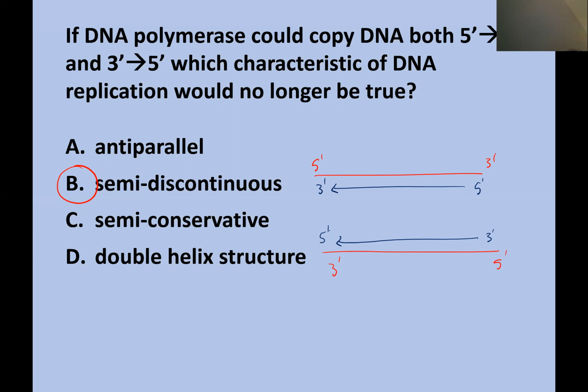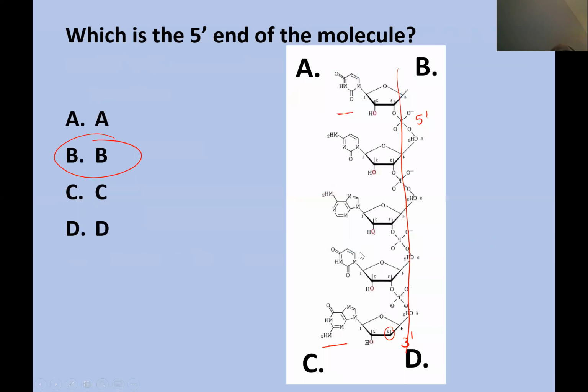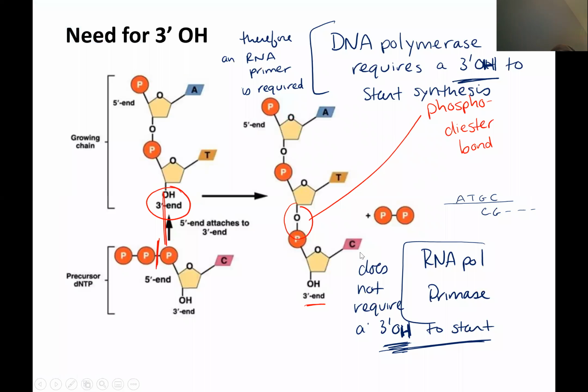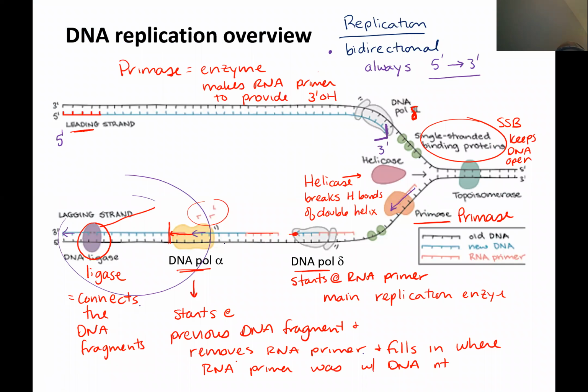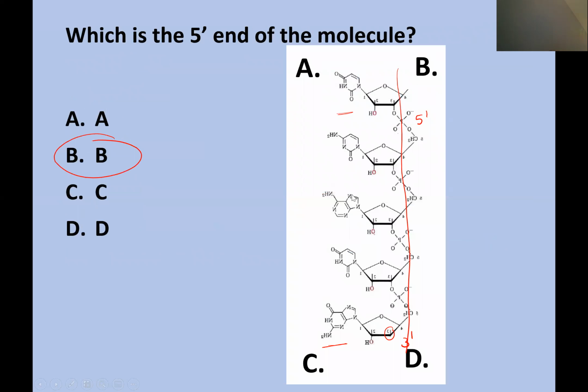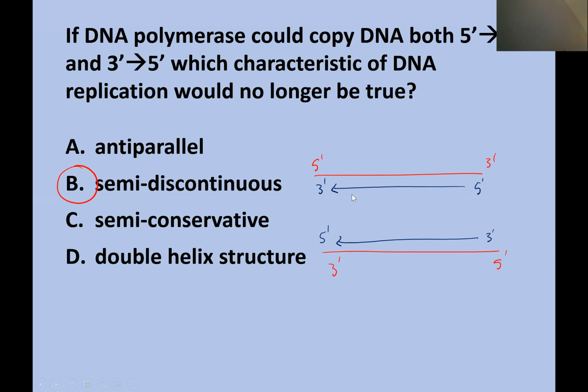We wouldn't have to remake, like we see up here, all these Okazaki fragments with the leading strand, right? It could just keep on going towards that replication. But that's not how it works. So DNA replication is semi-discontinuous.